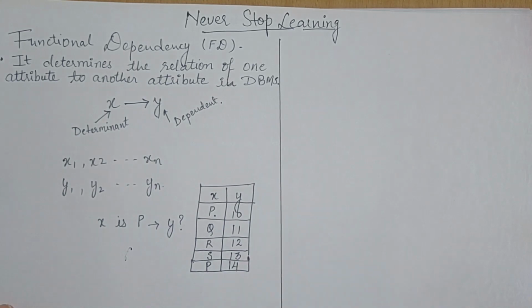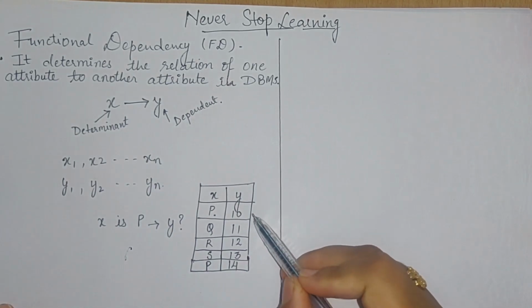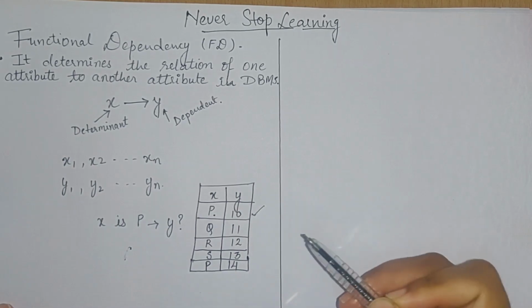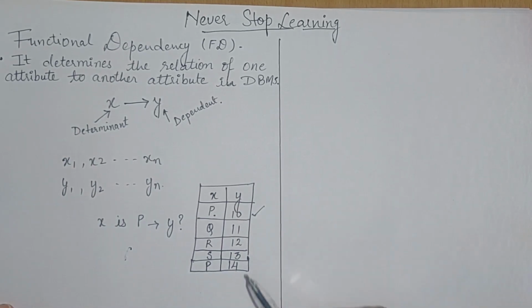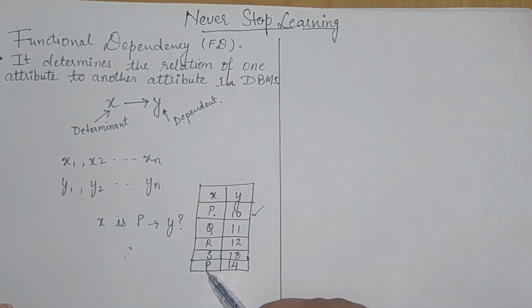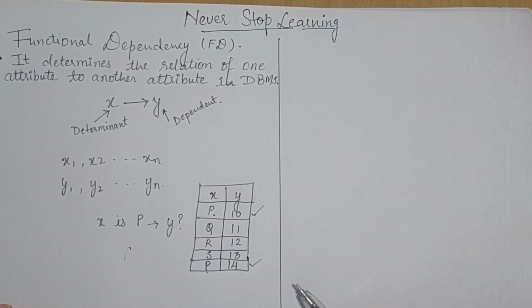Now in this case there is a confusion, because when x is p, the value of y is 10, and when x is again p, the value of y is 14. So in this case different values of y are present.